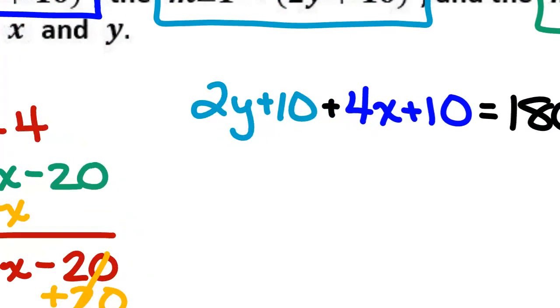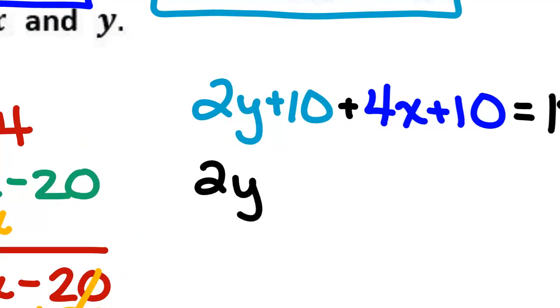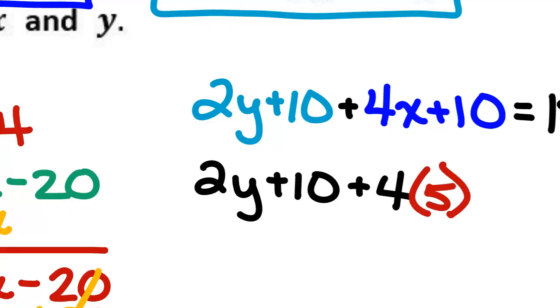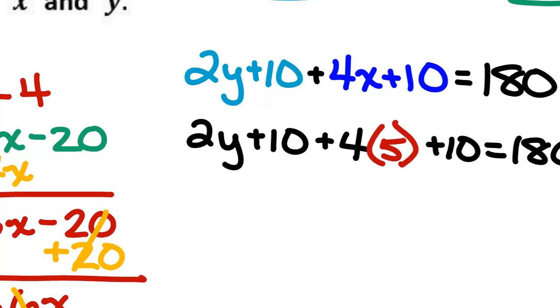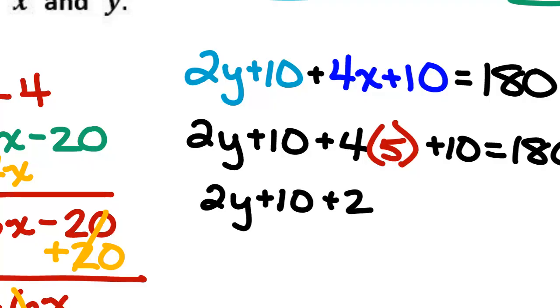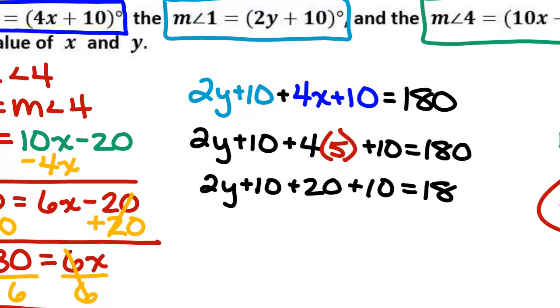X is 5, so we can substitute that in right here. So 2y plus 10 plus 4 times 5 plus 10 equals 180. 4 times 5 is what? So 2y plus 10 plus 20 plus 10 equals 180.